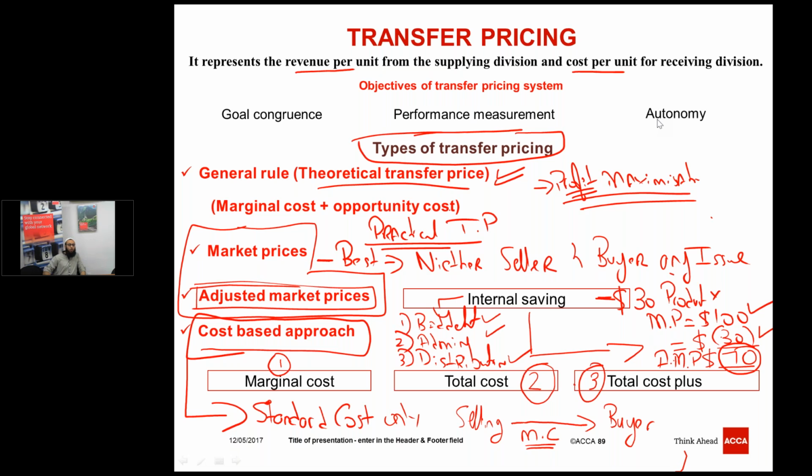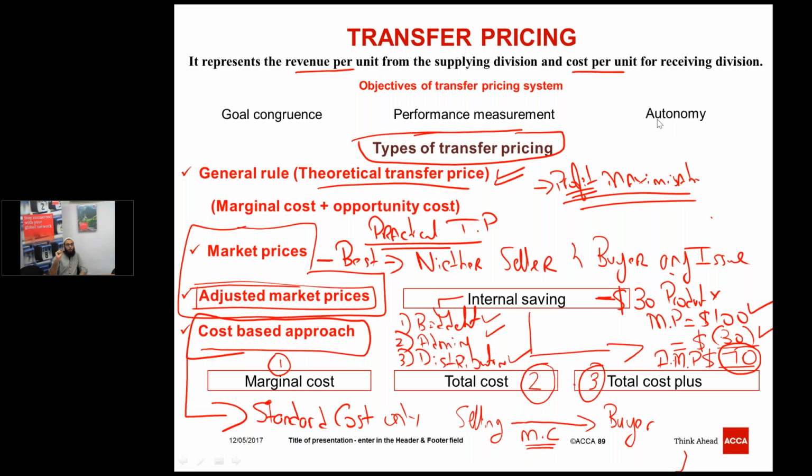So this means it will not be a workable option until and unless the head office, the group, pressures the selling division. But if you talk about the willingness of the seller, it will not be there, because the seller will never want to transfer anything at their marginal cost because it will not result in any sort of profit.